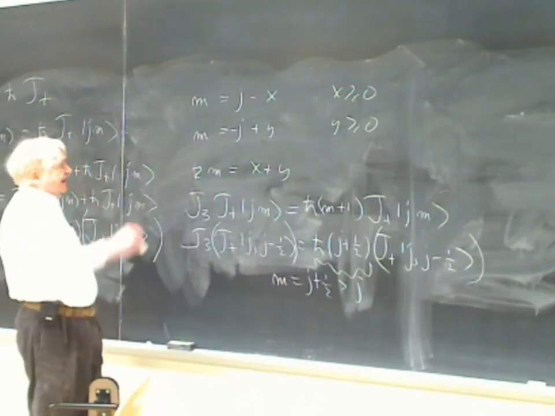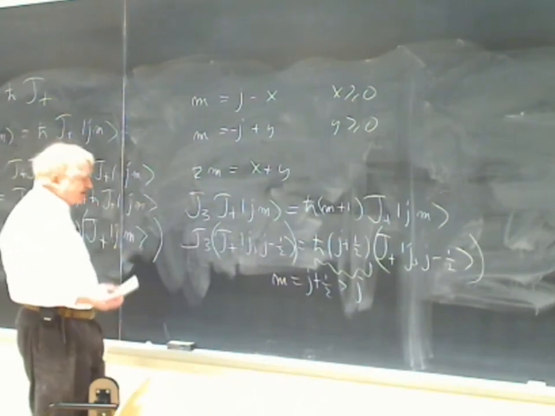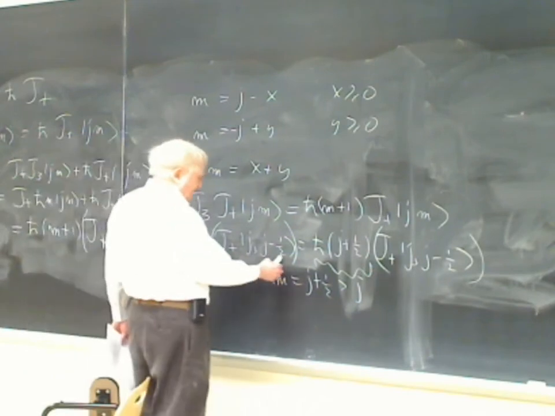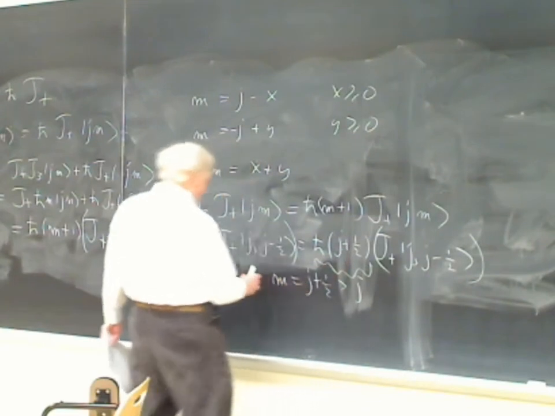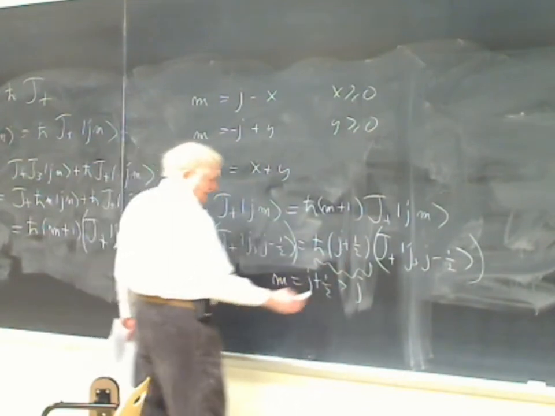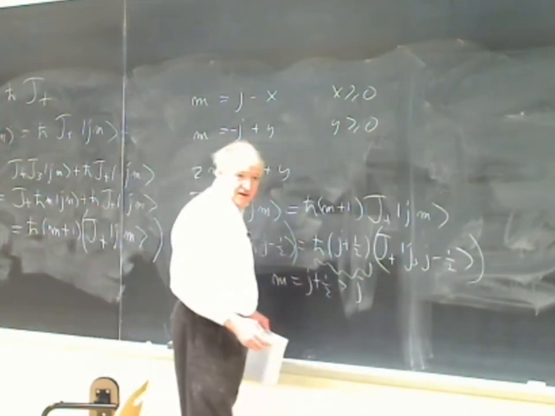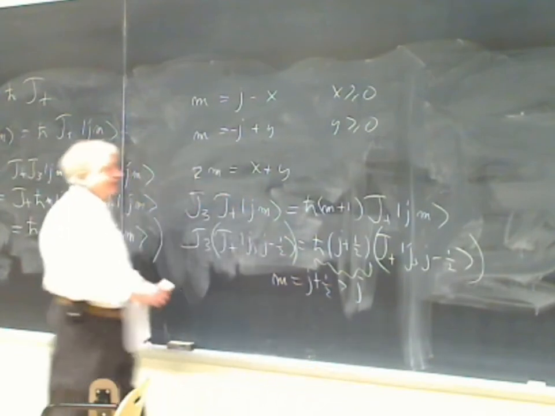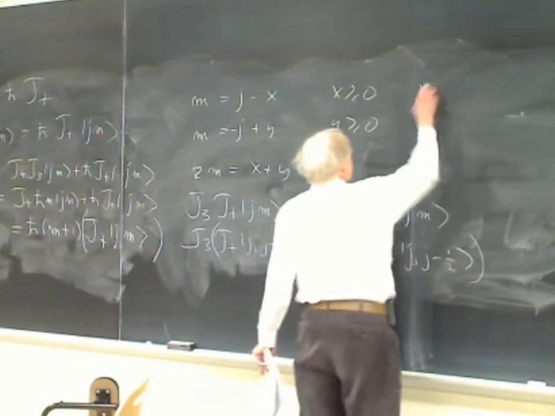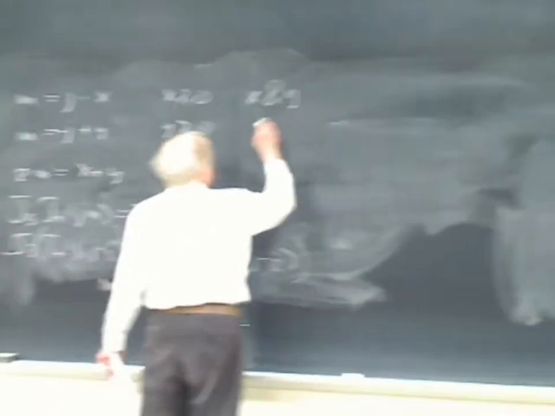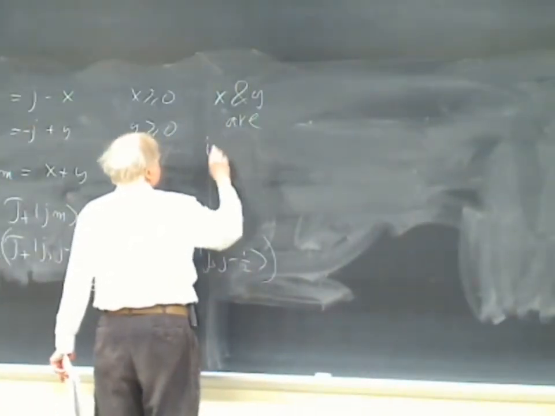If we instead had x equal to, say, minus 1 instead of minus 1/2, then this would have gotten us simply to h bar |j,j>, and we would have raised the state |j, j minus 1> just to the state |j,j> by using J plus. So what this tells us then is that x and y are integers.